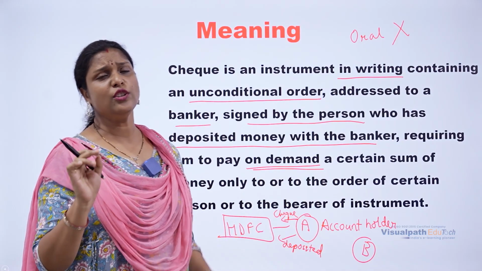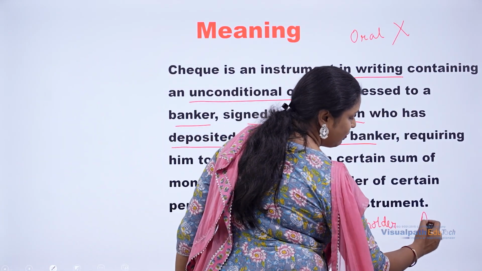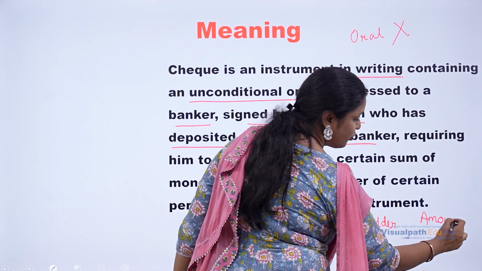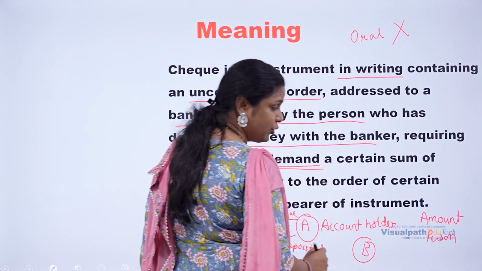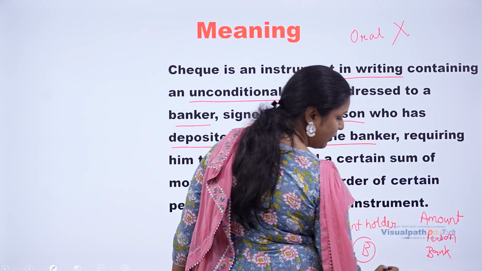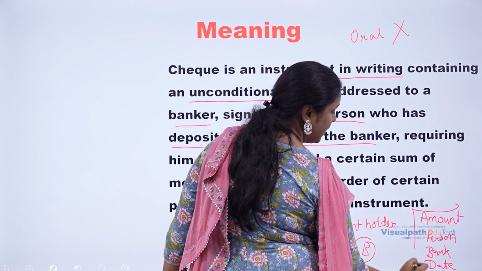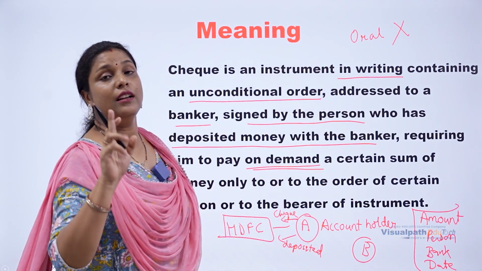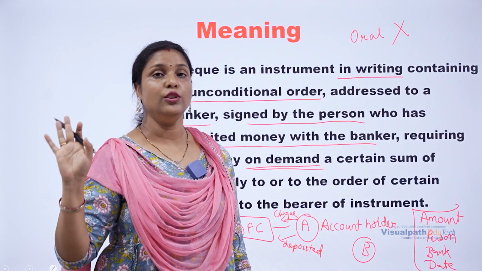Whom to give? Everything should be specified. The amount will be specified: how much has to be paid. The person has to be specified: to whom it has to be paid. The bank clearly has to be notified about it. The date has to be given properly, right? So these things have to be clearly provided in the check to make it usable.